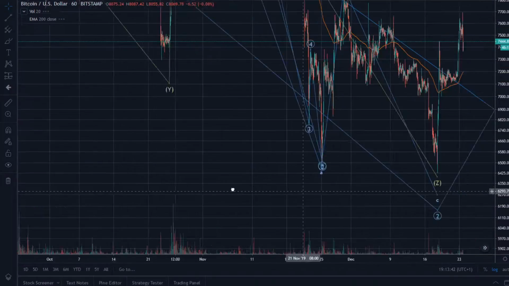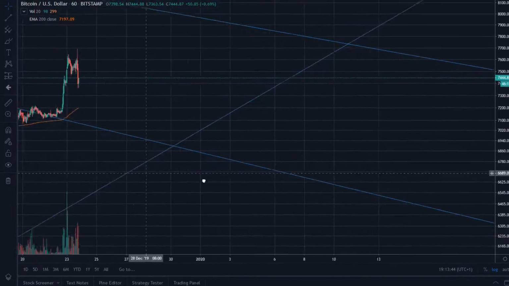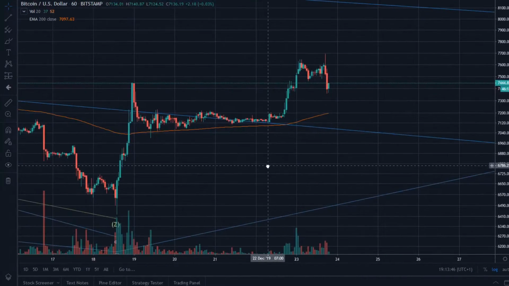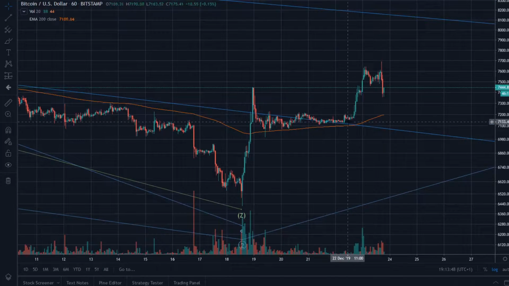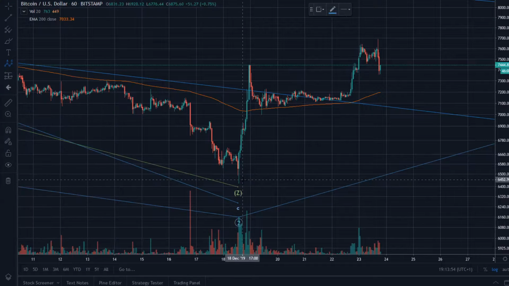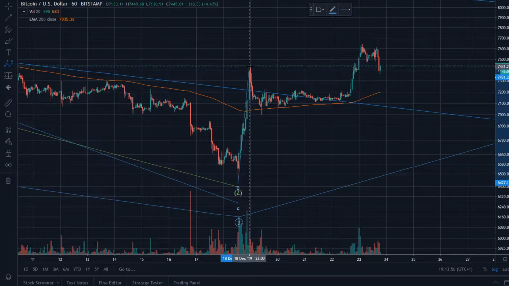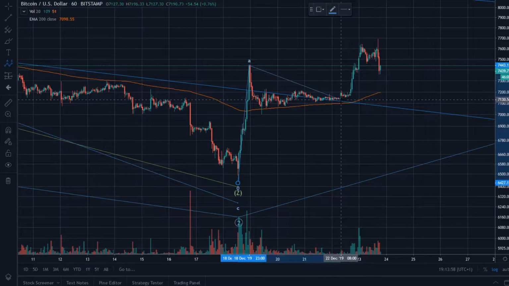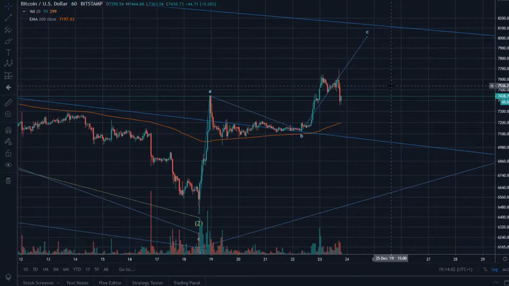It's not very decisive. What really does look nice is this move. I mean, obviously, this is at least an A. This should be a B, and right now it looks like we're at least in the C move.